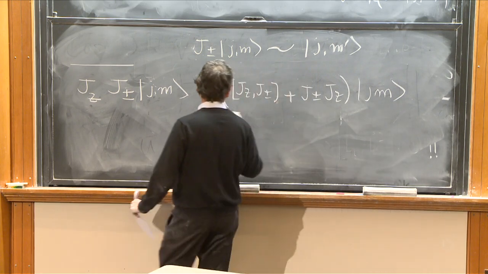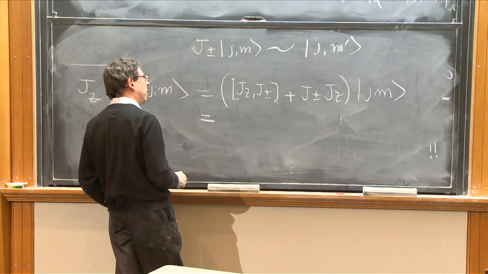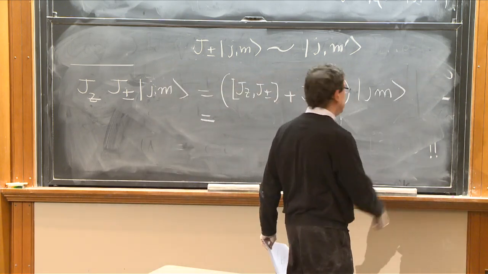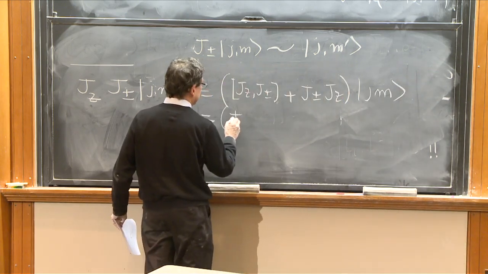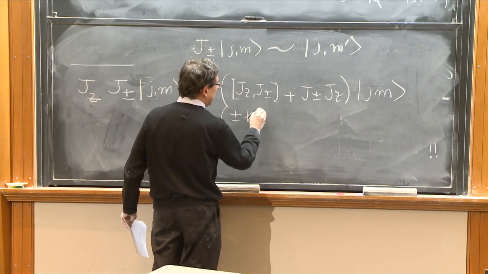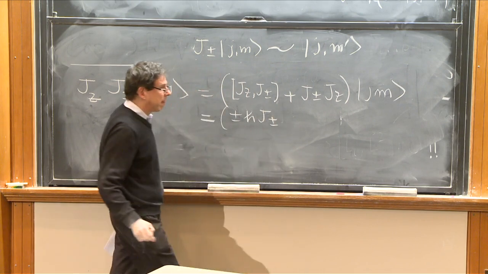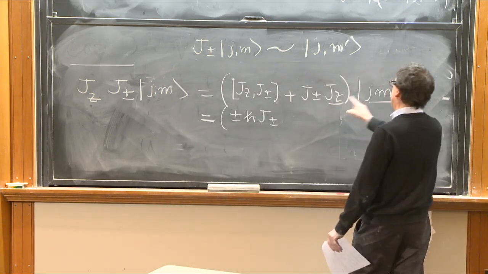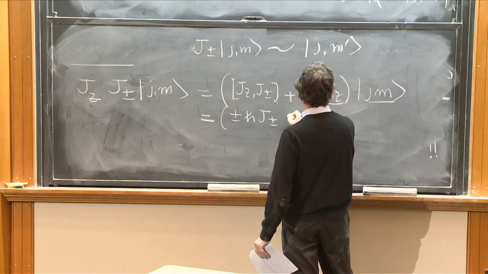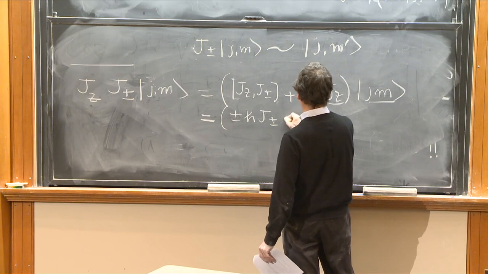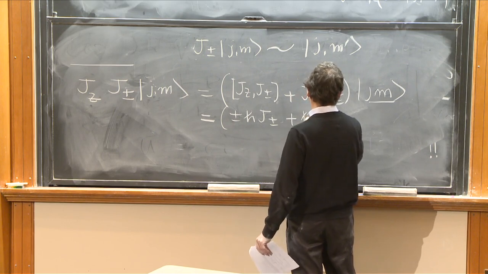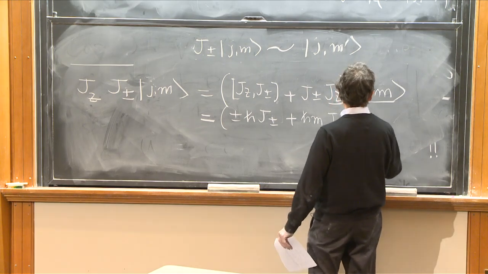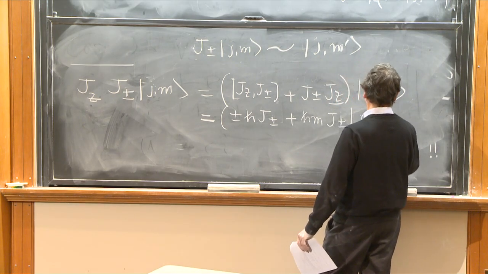The commutator, you've calculated it before, Jz with J plus minus is plus minus h bar J plus minus. And this Jz already acts, so this is plus h bar m J plus minus on Jm.